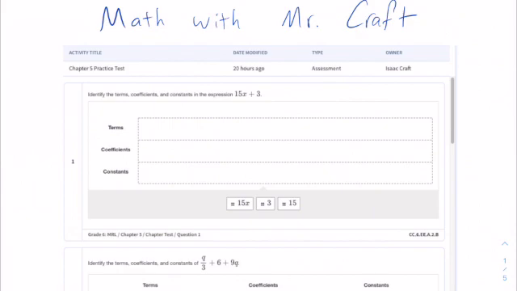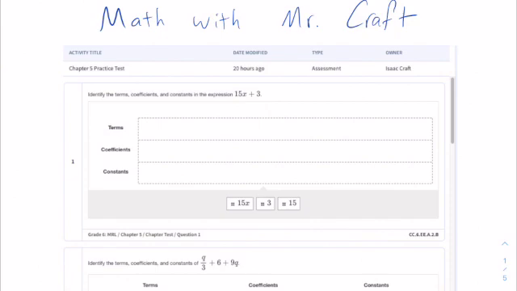Welcome to Math with Mr. Craft, where I review the things that I've been going over in my math class with my students. This is a recent practice test that we just took, and if you are one of my students, then you know this because you just did it.